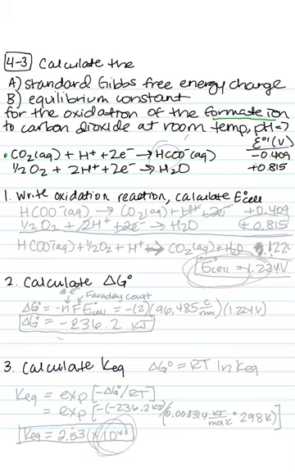So we need to make this product into our reagent. We start with the formate anion forming CO2 and protons and 2 electrons. So now my midpoint potential is plus 0.409 volts.